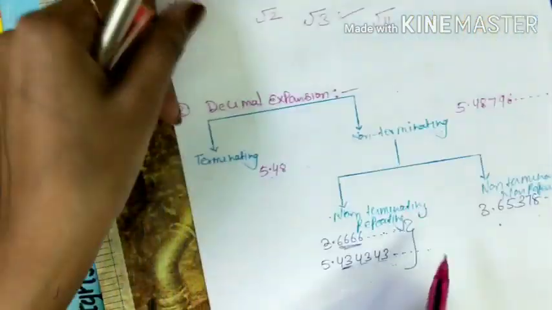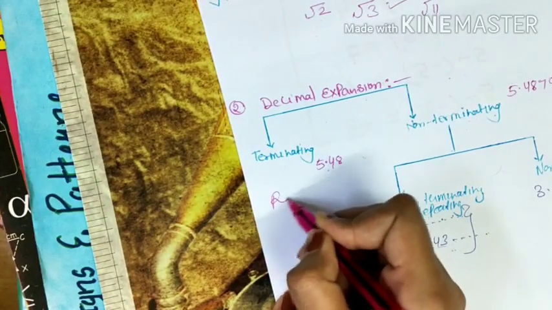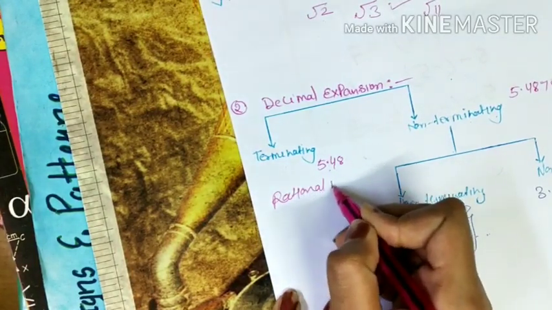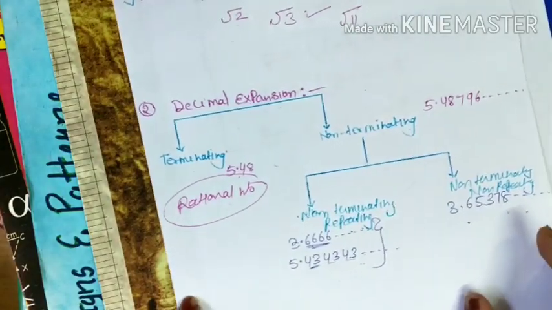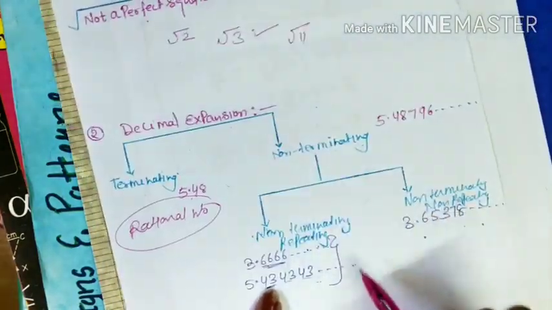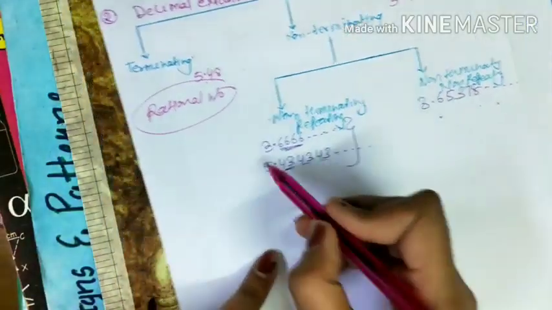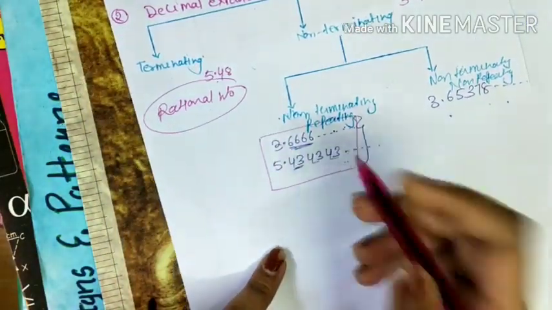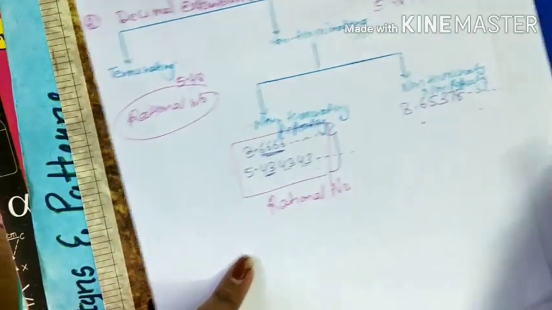Here, you know, decimal expansion terminating numbers are called rational numbers. Terminating numbers are called rational numbers. In case of non-terminating, first one, non-terminating but repeating, these are also called rational numbers.